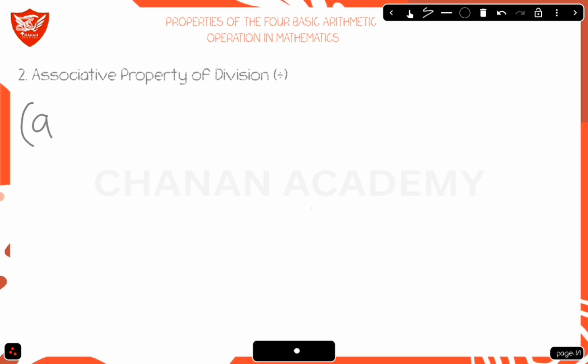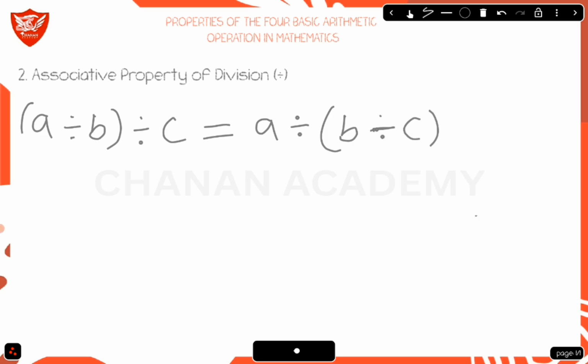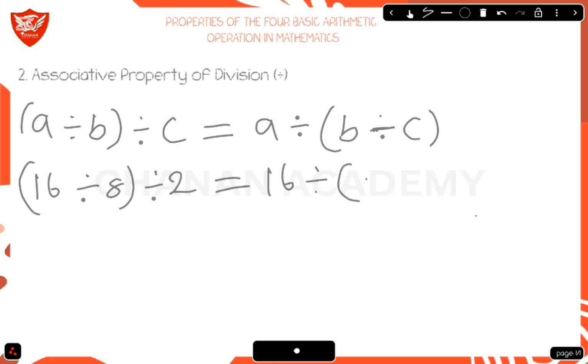Okay, A divide by B divide by C equals A divide by B divide by C. Let's say A is 16 divide by 8 divide by 2 equals 16 divide by 8 divide by 2.